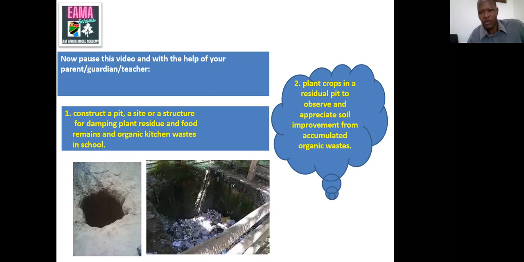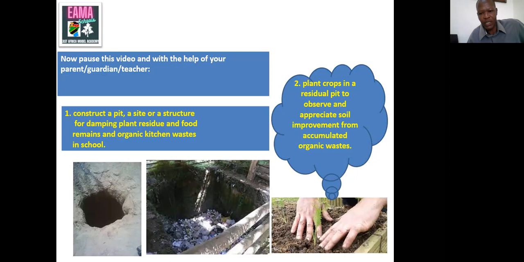So you'll plant crops in the pit and observe and appreciate how soil can be improved because we're using that waste to improve soil. You can make use of that place that was a waste and use plant remains and food remains and improve the quality of soil and plant things in there.